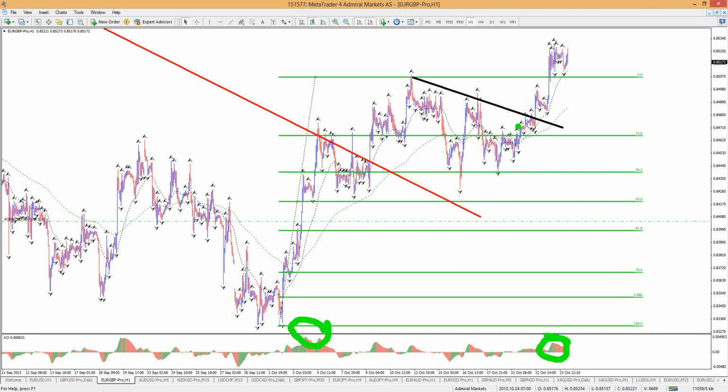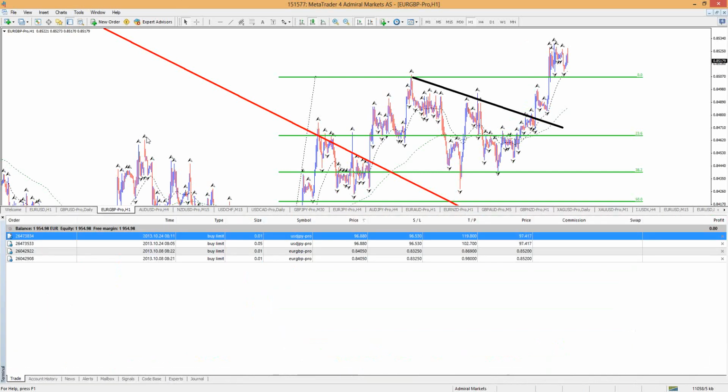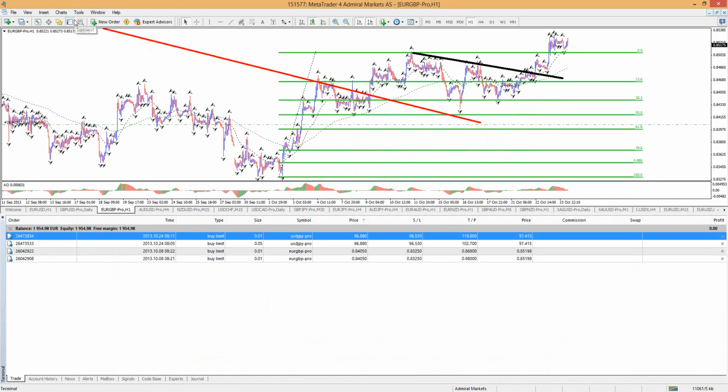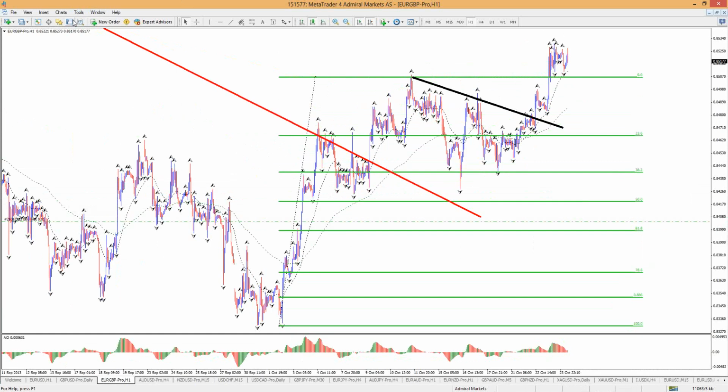That makes me a bit leery, and I like the euro dollar and dollar yen more, therefore. I'm just not in a situation that I would say this is worth it to trade a bounce off here at the moment.